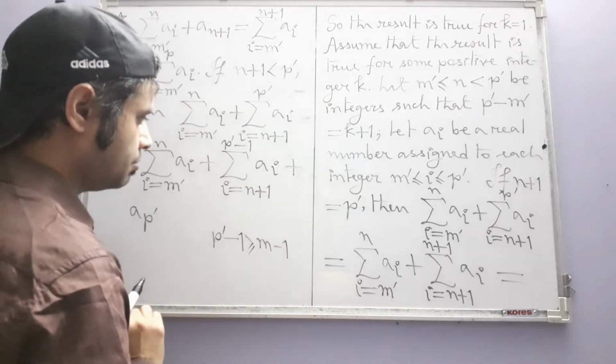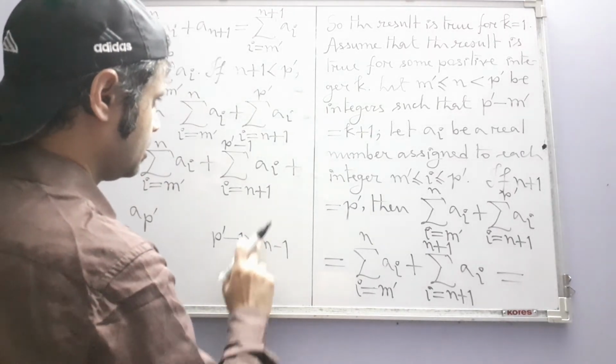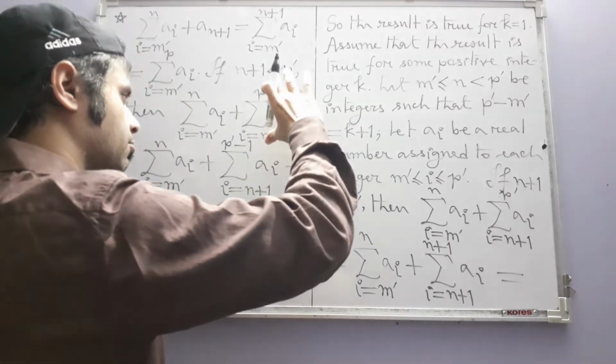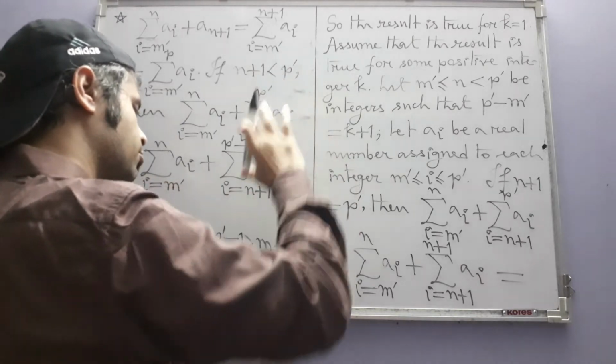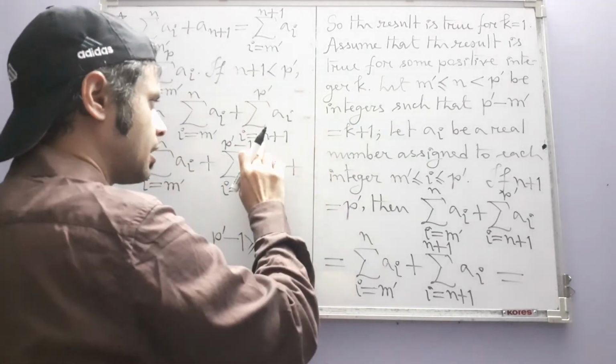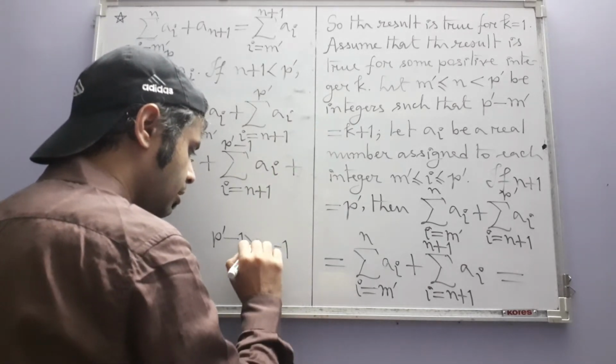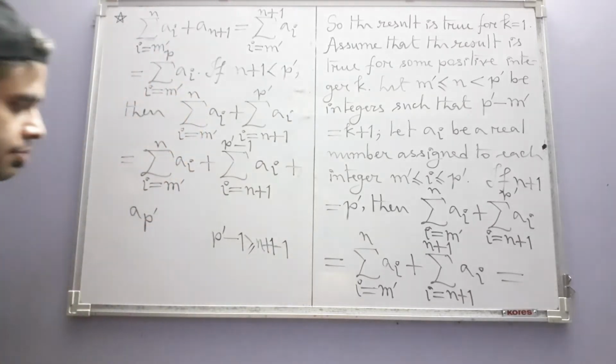And our m, because we are working only with this series, don't confuse this m with this m prime, is n plus 1.